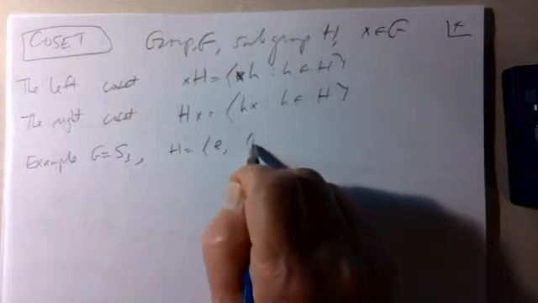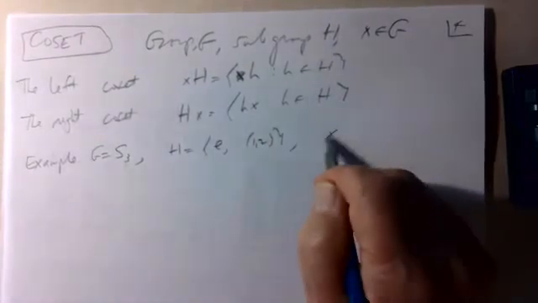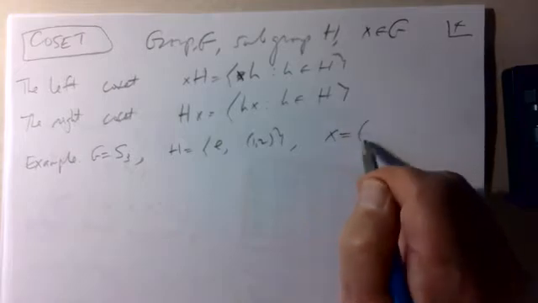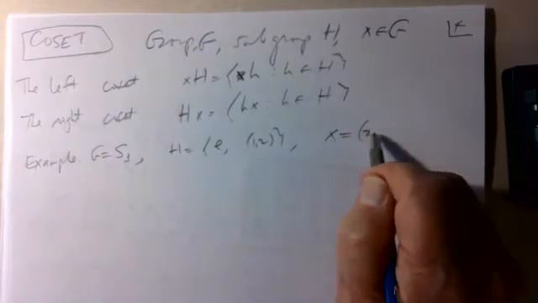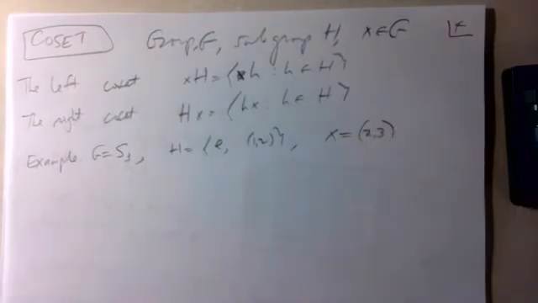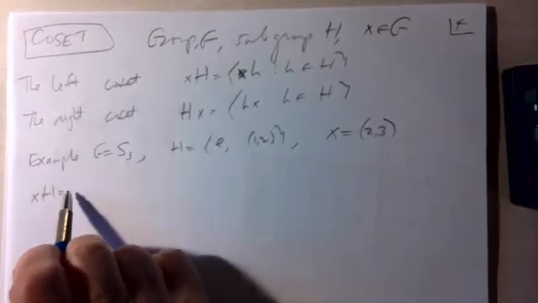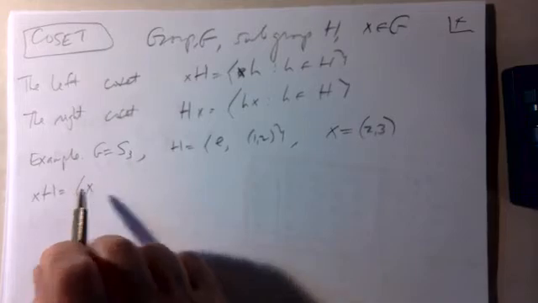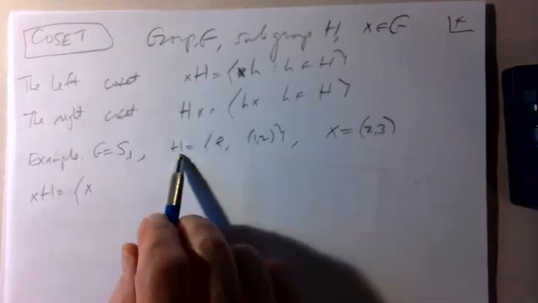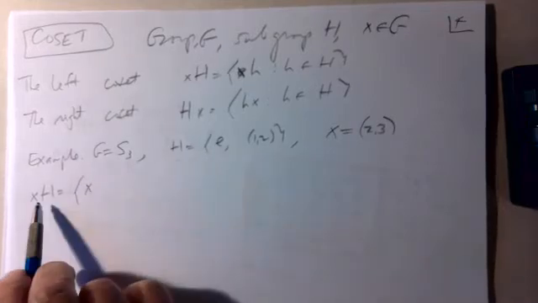and H to be the subgroup consisting of the identity and the transposition (1 2). And suppose I take x to be the transposition (2 3). So what is xH? There are two elements in H, and I multiply each of them on the left by x.